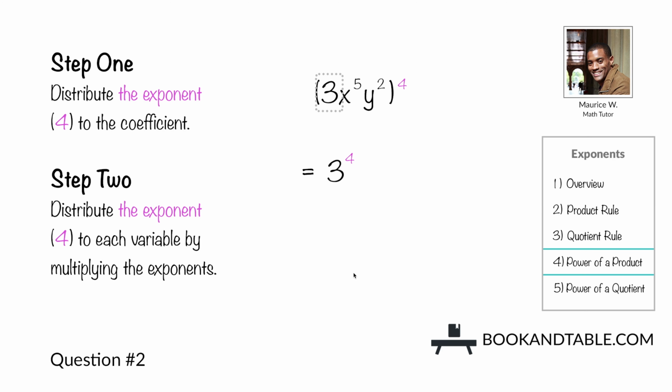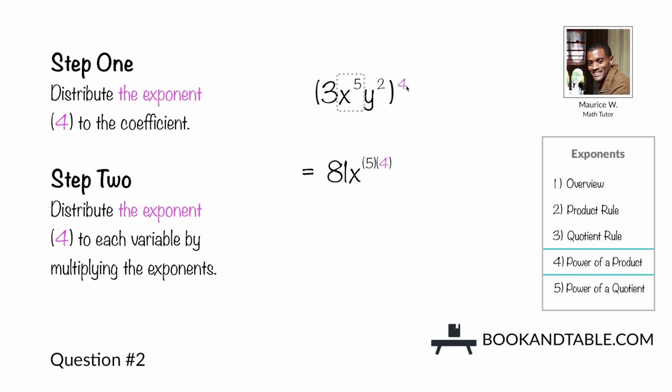Question number 2. Step 1, distribute the exponent 4 to the coefficient 3. 3 to a power of 4 is equal to 81. Step 2, distribute the exponent 4 to each variable by multiplying the exponents.